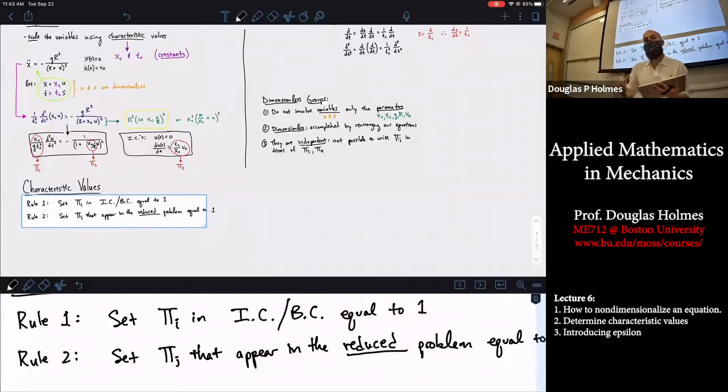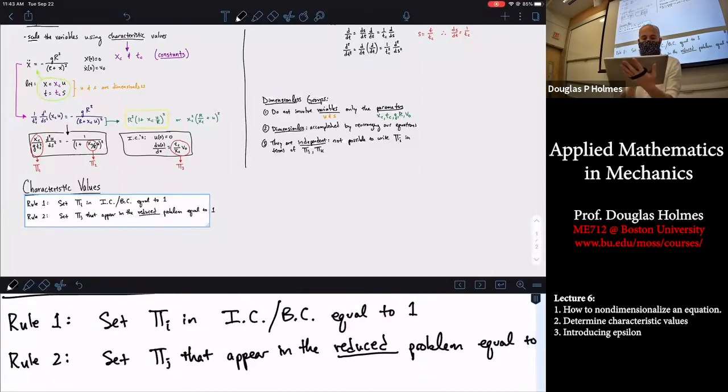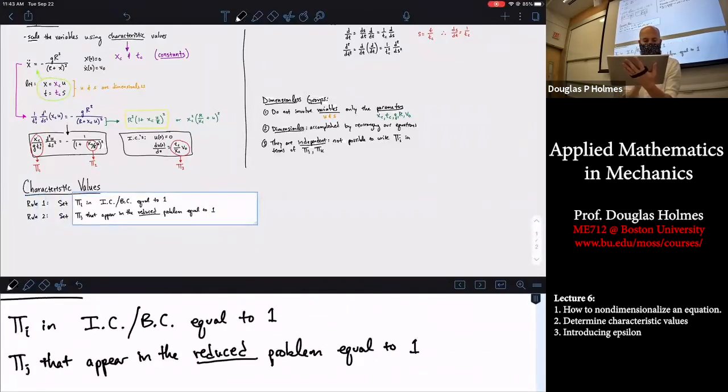And the reduced problem is the equation that results if you were to throw out that dimensionless group. We'll go through this in a minute to make it more clear. So first, let's apply the first rule here, and then I'll walk us through the second one.